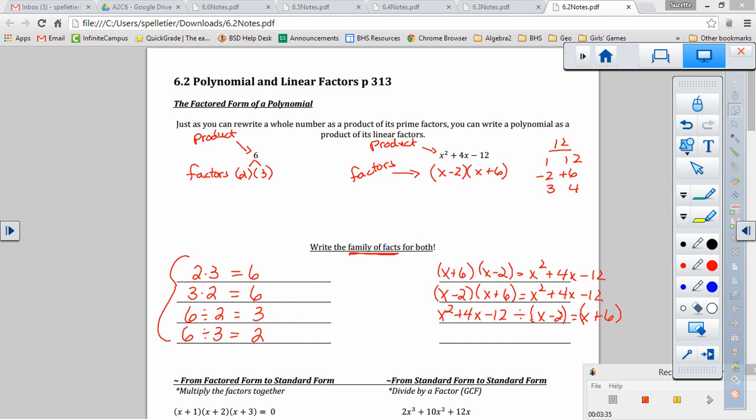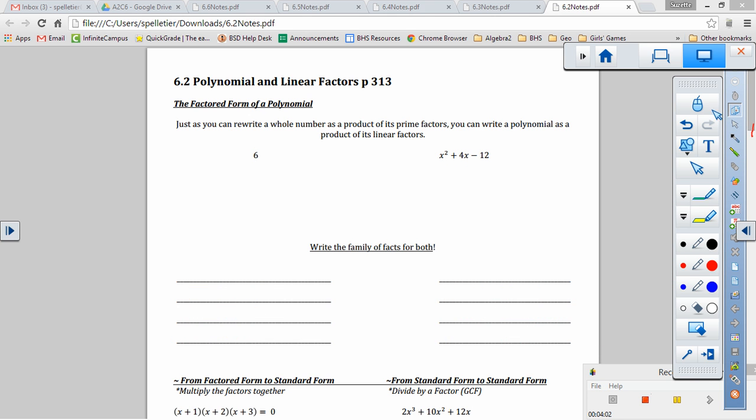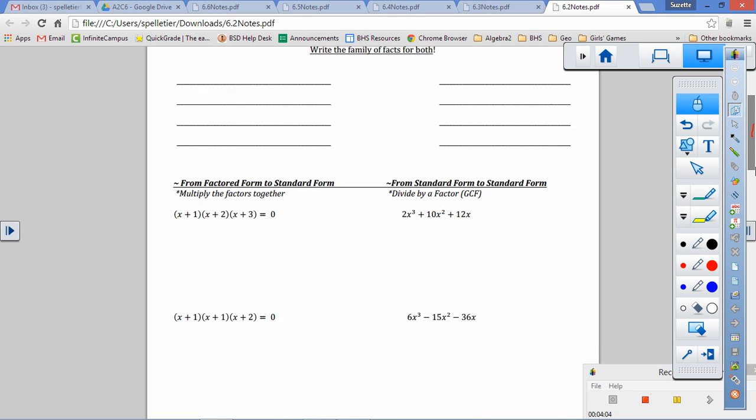Or I could have done x squared plus 4x minus 12 divided by the x plus 6, and that would have given me the x minus 2 factor. So think about those families of facts and think about division as you're working through this, because it's going to be necessary for you to be thinking in those kinds of terms, okay? So let's scroll the page up and continue working on some notes.